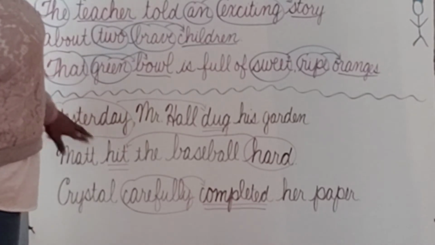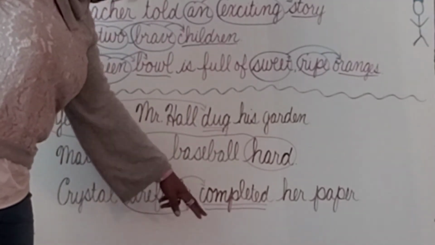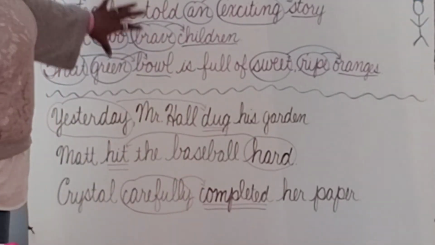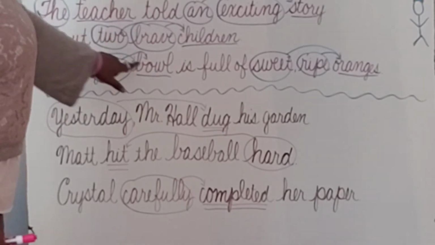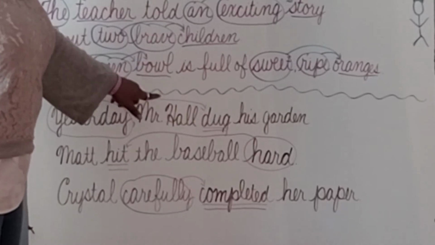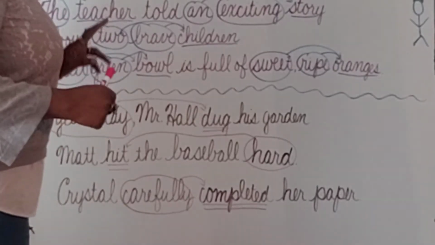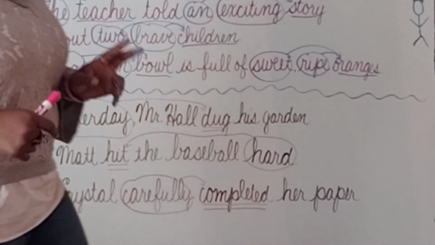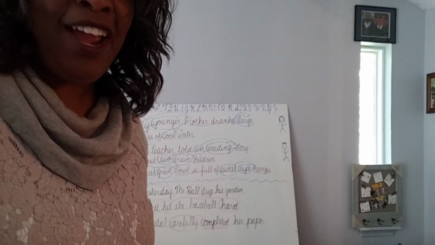They can be at the beginning, they can be at the end, they can be right next to the verb. Whereas when we had our adjectives, they're going to be right in front of that noun. So that's the difference a little bit between your adjectives and adverbs. But hopefully that was a good review and you remember now how to do those correctly and carefully.